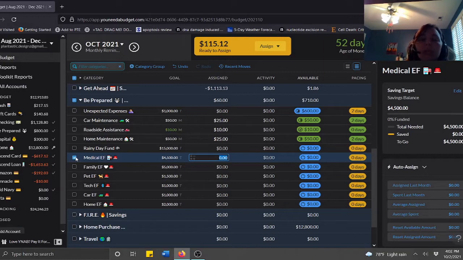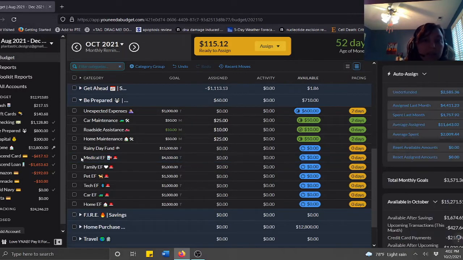So she is saving up for 2022's, or she already has it saved up, 2022's out of pocket max and all of that. So that's where I wanted to have a medical emergency fund set aside, but she gave me the idea to, oh, you should just have your out of pocket max and all of that set aside, and I thought that was genius.